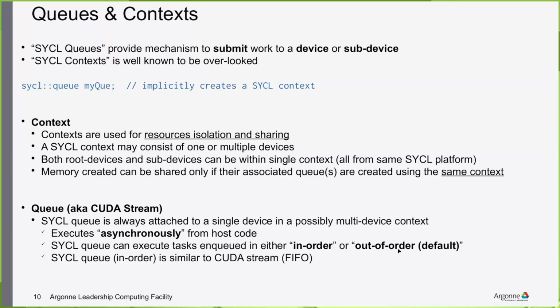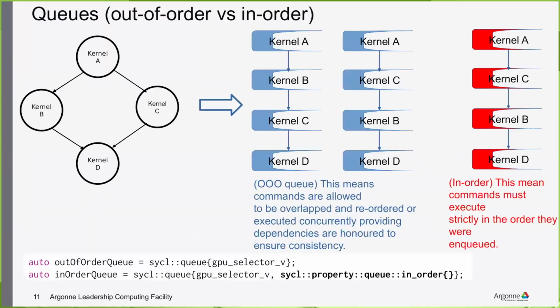It depends upon the driver runtime or the hardware runtime, to its liking, which task gets executed first. If you don't want such out of order execution of tasks, you can easily create SYCL queues as in order, which act very similarly to CUDA streams.